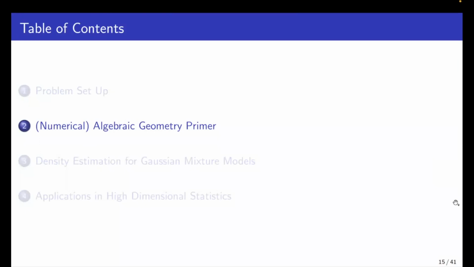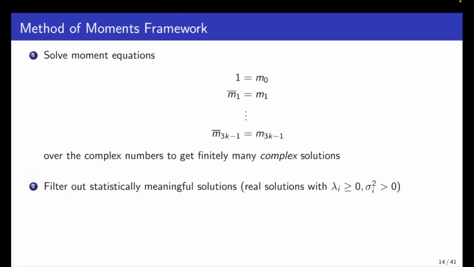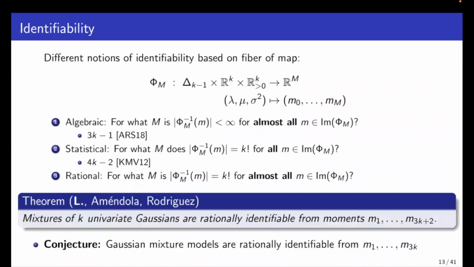Can you maybe recall briefly what you meant by almost all moments in the image? Yeah, so this notion of genericity we use a lot in algebraic geometry. Formally, it means that for any moments in a non-trivial Zariski open set in the image.